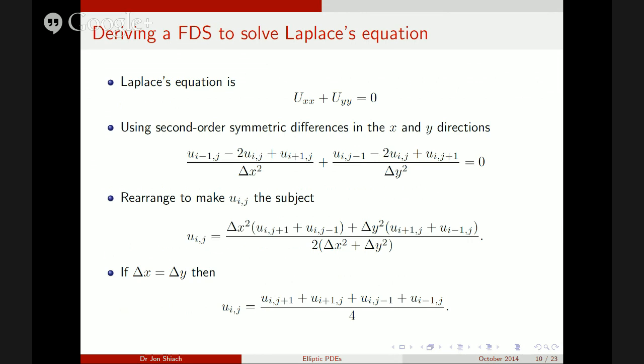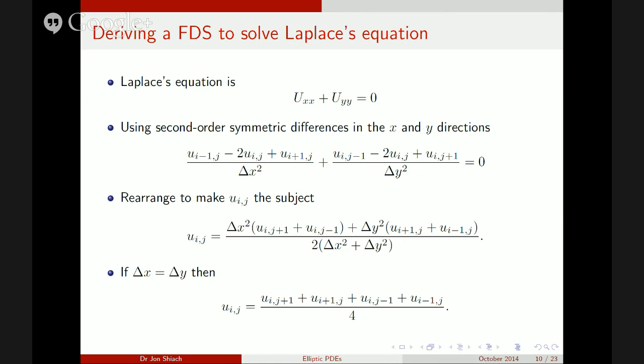I could have used higher order, third or fourth order if I wanted to, but for this example, I'm just going to use second order. So I replace the double derivative uxx with our second order symmetric difference. If you recall, it's the node to the left minus 2 lots of the node in the center plus the node to the right, divided by the step length squared.